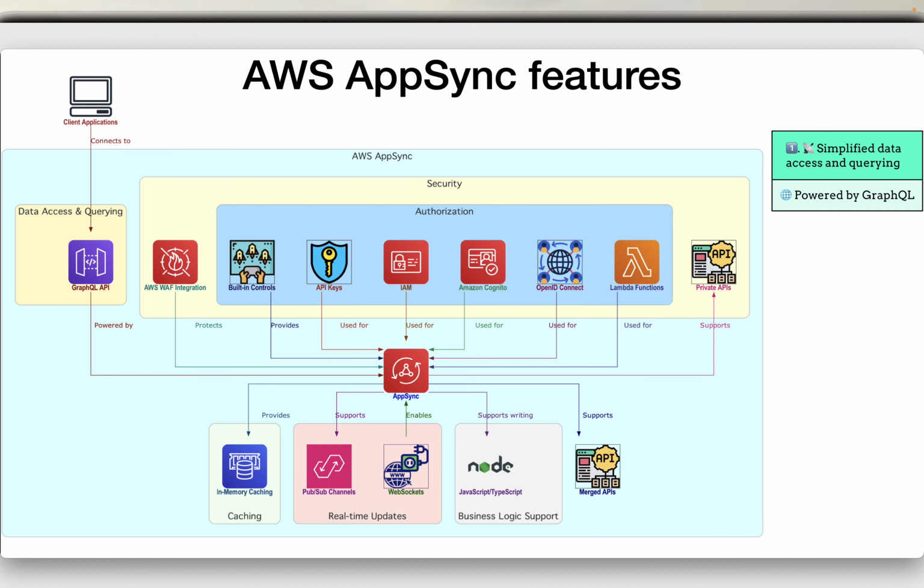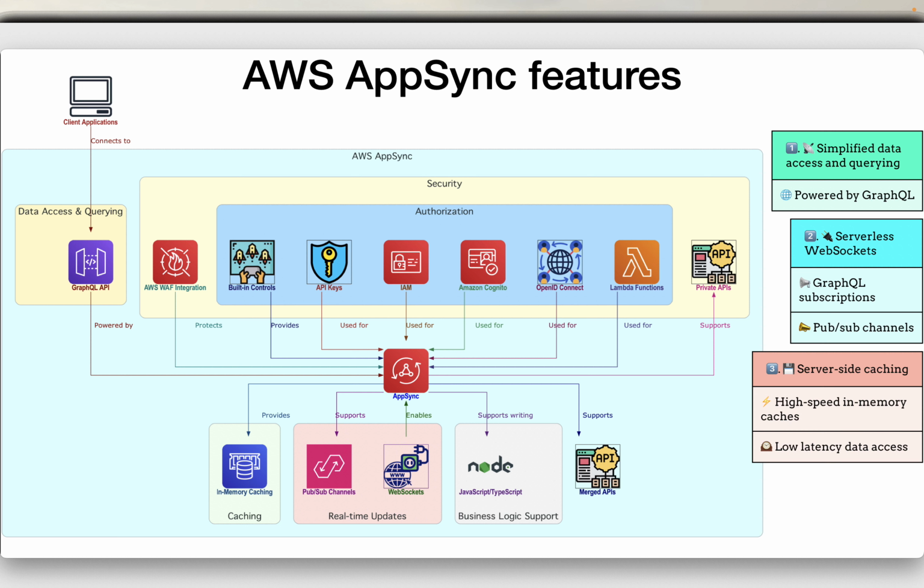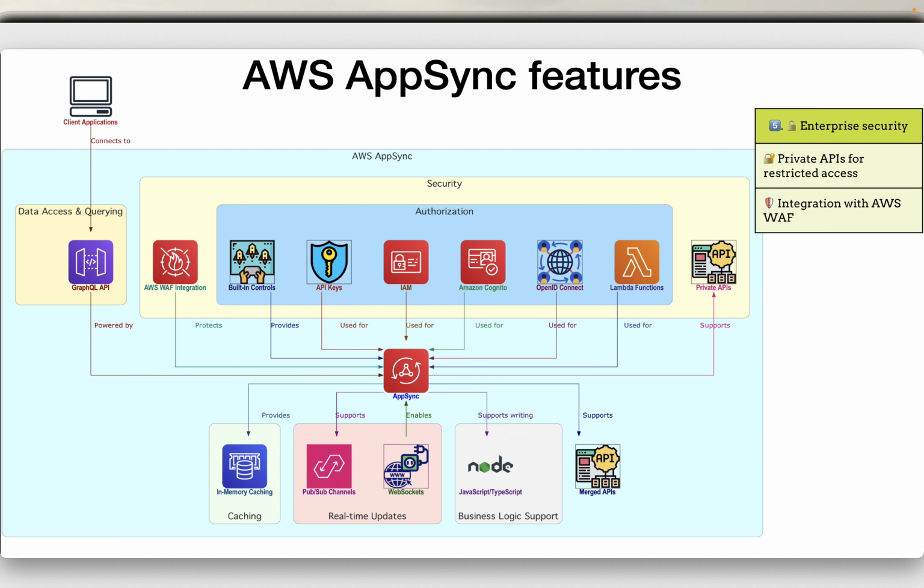Simplified data access and querying powered by GraphQL, serverless WebSockets for GraphQL subscription and PubSub channels, server-side caching to make data available in high-speed in-memory caches for low latency, JavaScript and TypeScript support to write business logic, enterprise security with private APIs to restrict API access and integration with AWS Web Application Firewall (WAF).